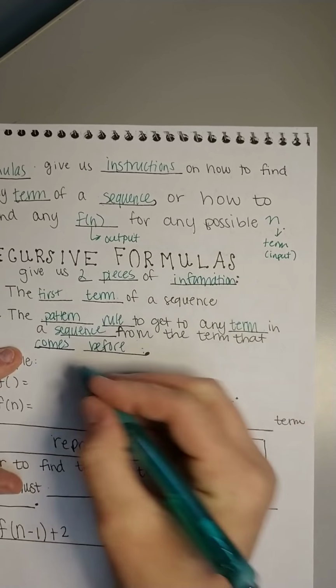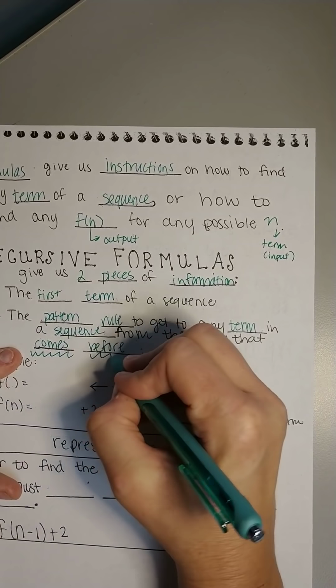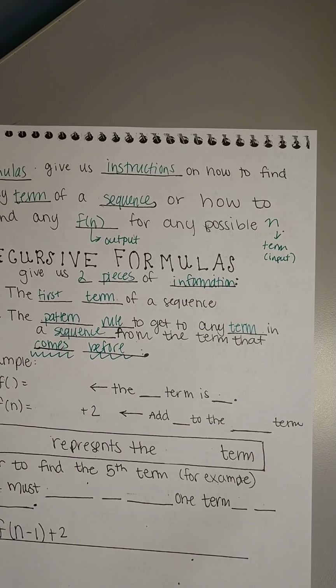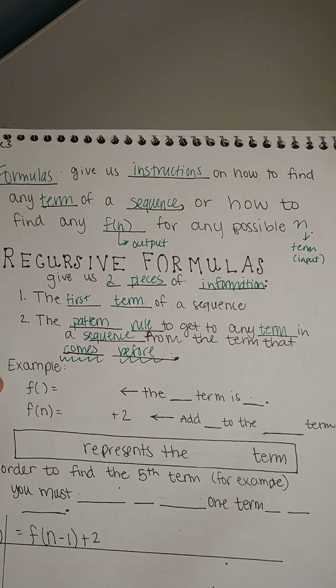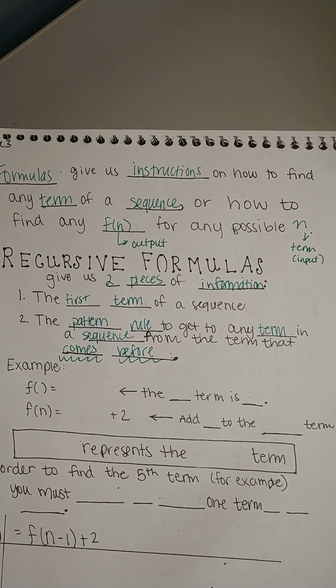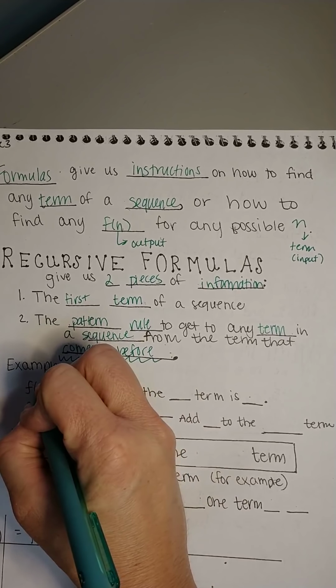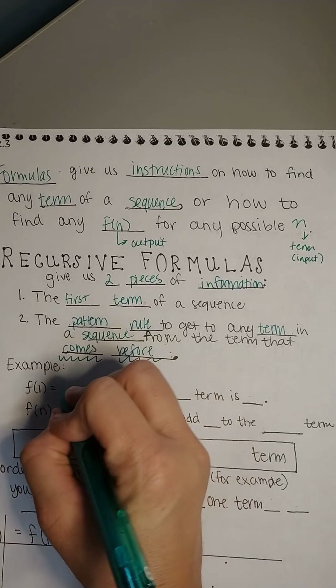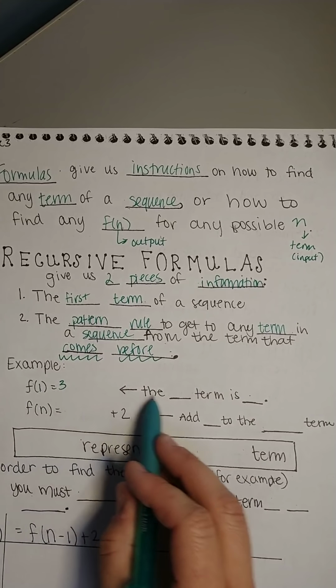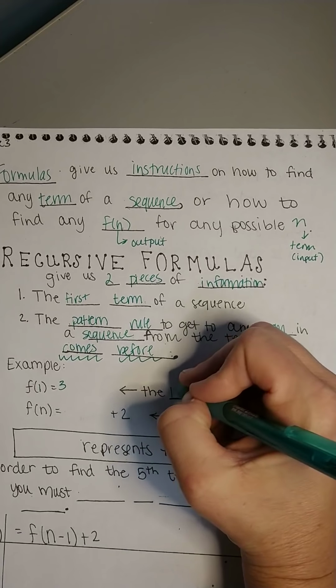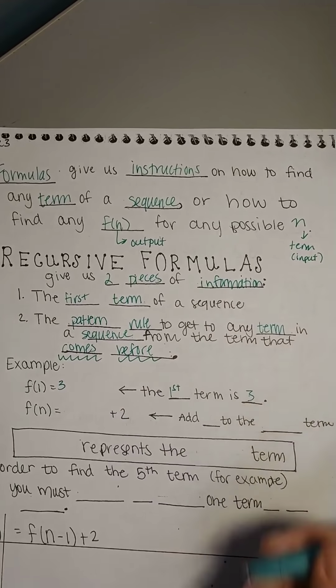Now, here's the key words. We've got to go from one term to the next. So we're looking at terms that come before and then building on that. So for example, f of 1 equals 3. What this is saying is that the first term is 3.